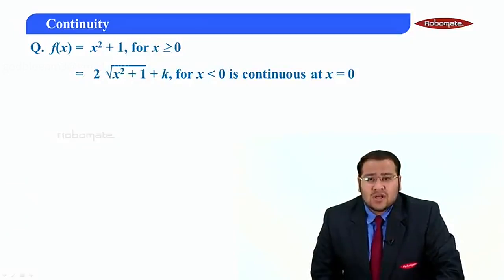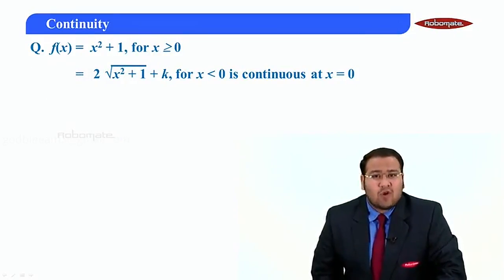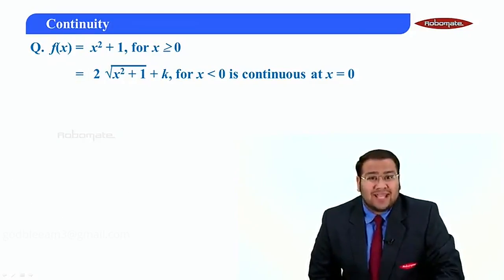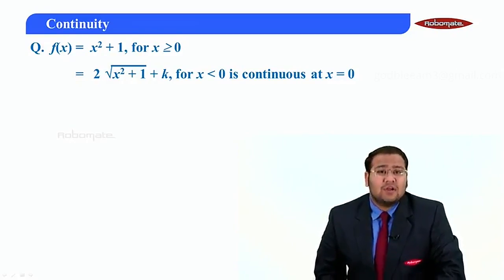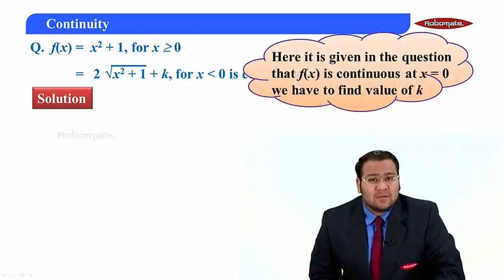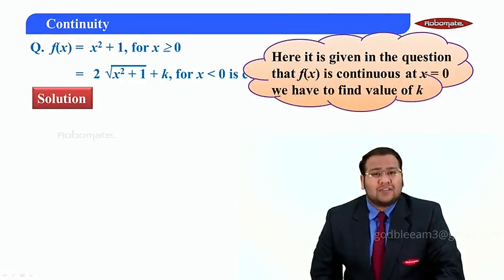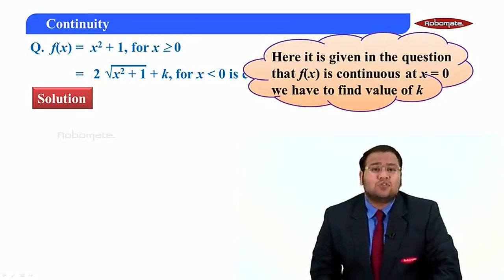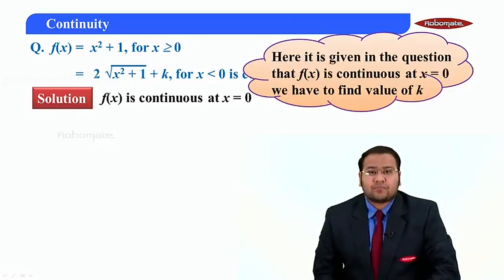What is it? When you have an equation of f of x, if you have observed 2 root of x square plus 1 plus k for x is less than 0 is continuous at x equal to 0. What does that mean? Here it is given in the question that f of x is continuous at x equal to 0 and we have to find the value of k.